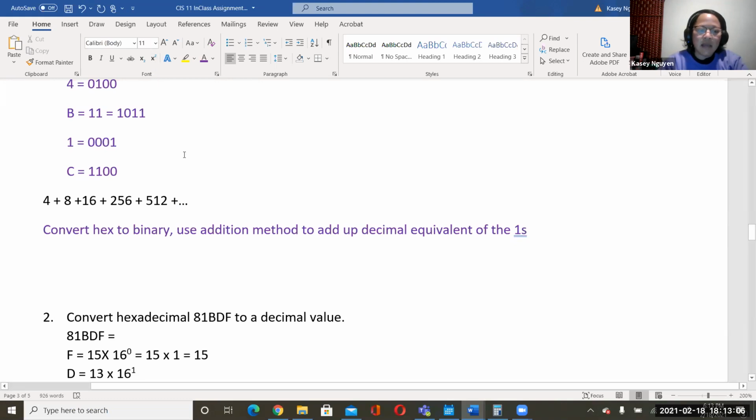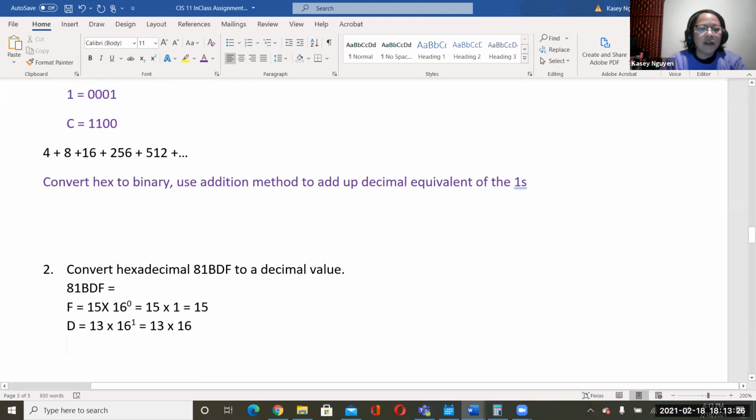Then that will give us 13 times 16. If you don't have a calculator, you have to multiply that out. You can plug that into your calculator and get a value.